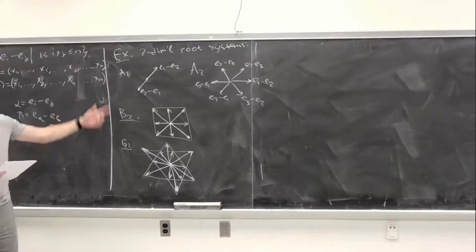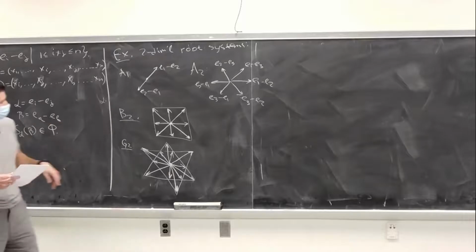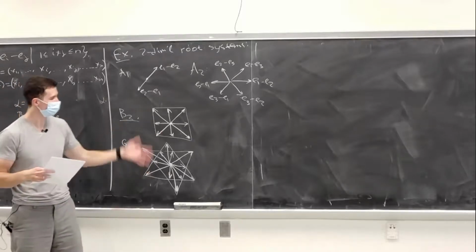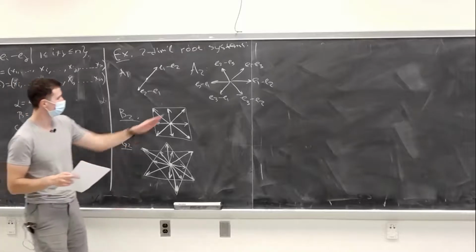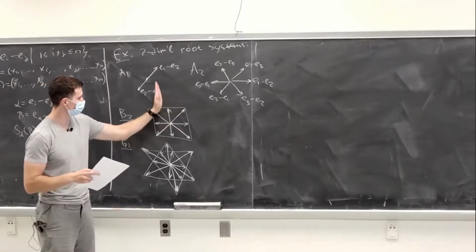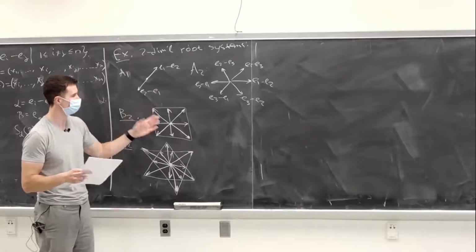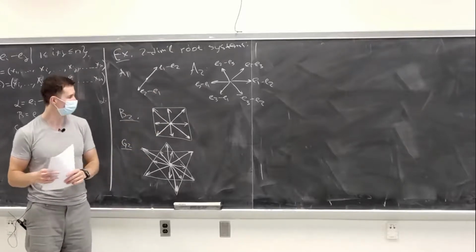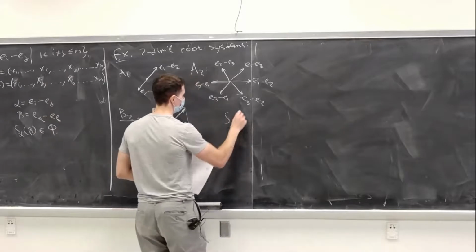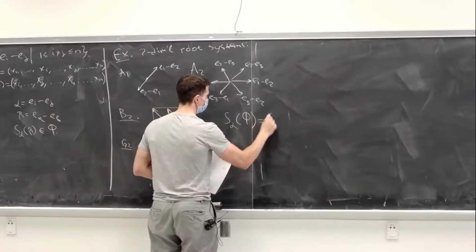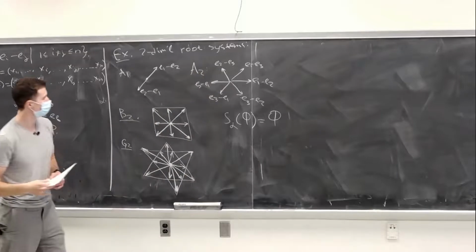Okay. And how do I check that these satisfy the axioms? Is it easy to check or is it hard? Do they even satisfy the axioms? I just erased the axioms, but the first one was that on each line there are exactly 0 or 2 roots. That's true. And then what about the fact that S alpha of your root system is the root system again?